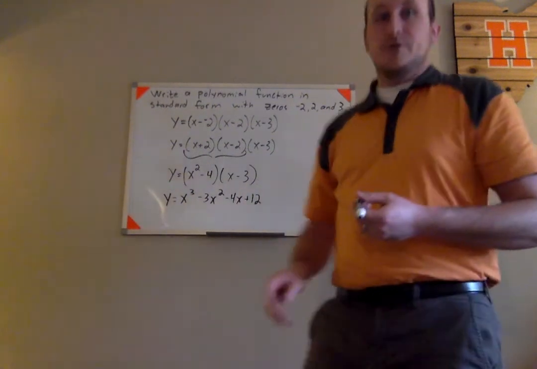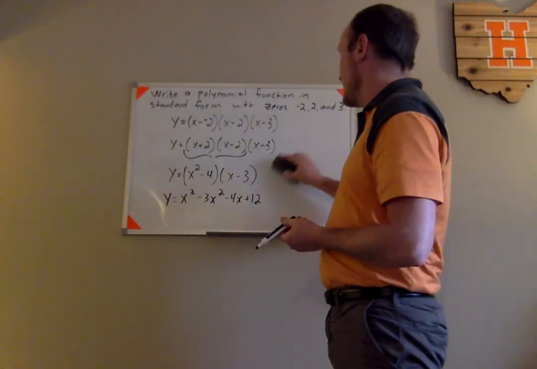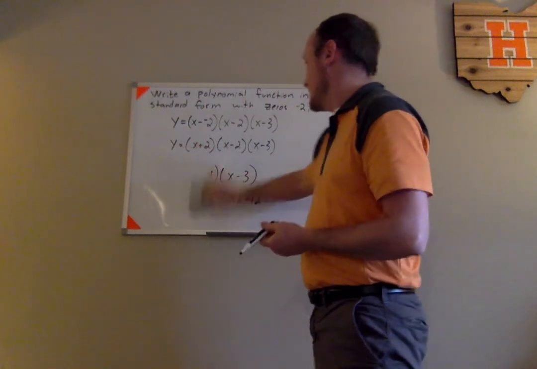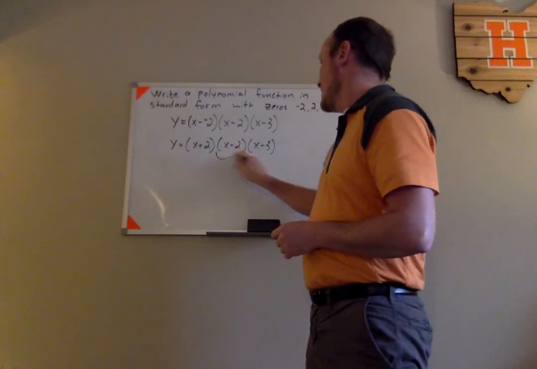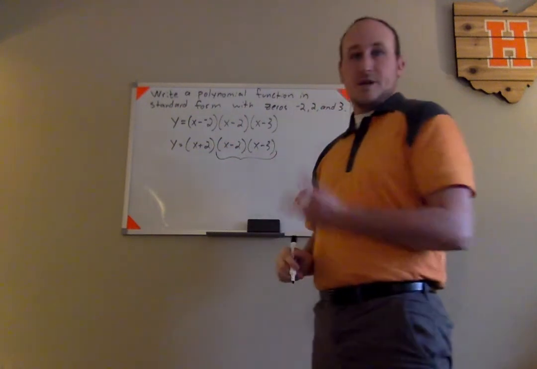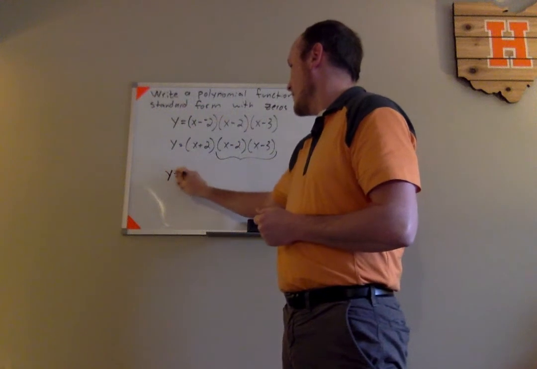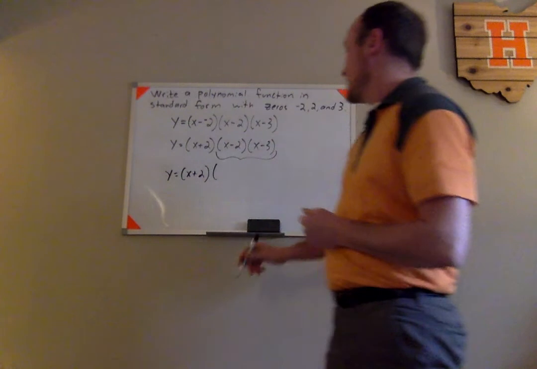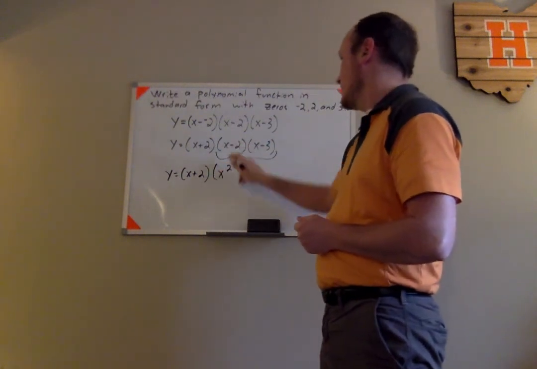I'm going to go ahead and show you that you could have multiplied that out a different way and ended up with the same thing. So you kind of have your choice of how to go about that. So let's say you wanted to multiply these two binomials together first. You certainly can. So I'm going to go ahead and bring down this first binomial of x plus 2. And now multiplying this together over here, x times x makes x squared.